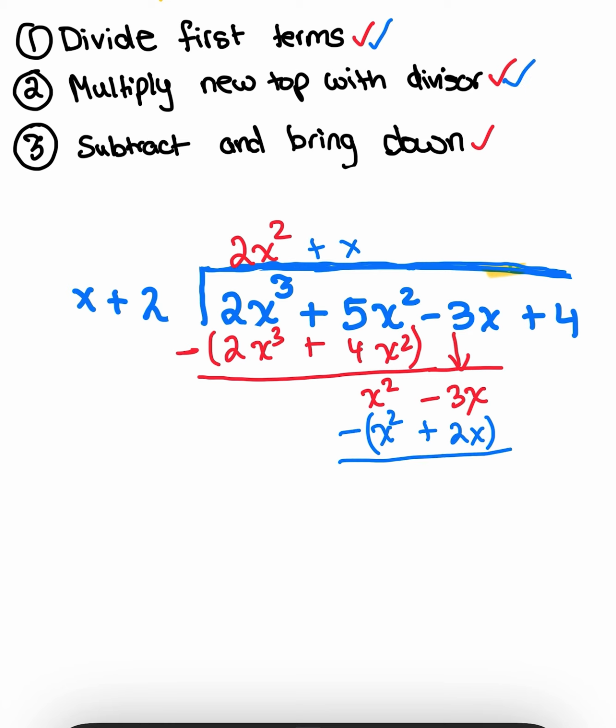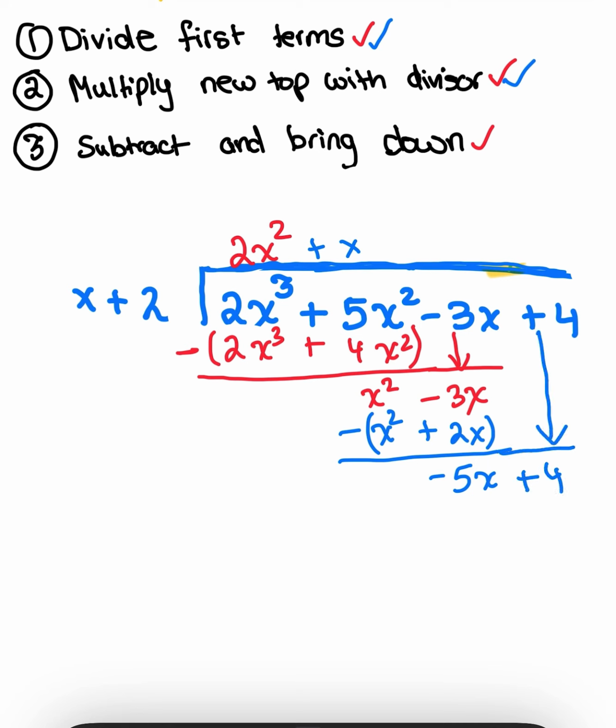And we subtract. Negative 3x minus 2x, that's negative 5x. X squared minus x squared is just 0. And then I have done the subtraction part. I'm going to do the bring down part now, which is plus 4.